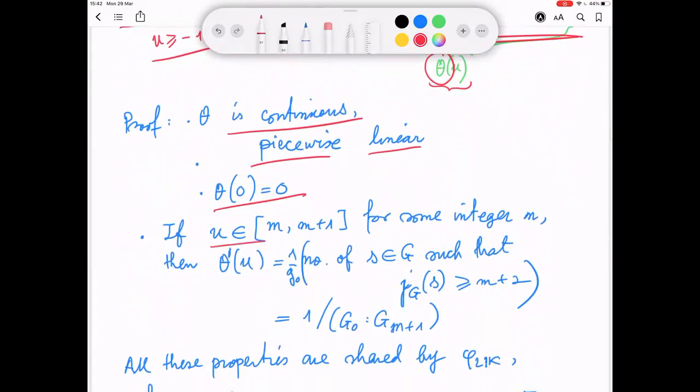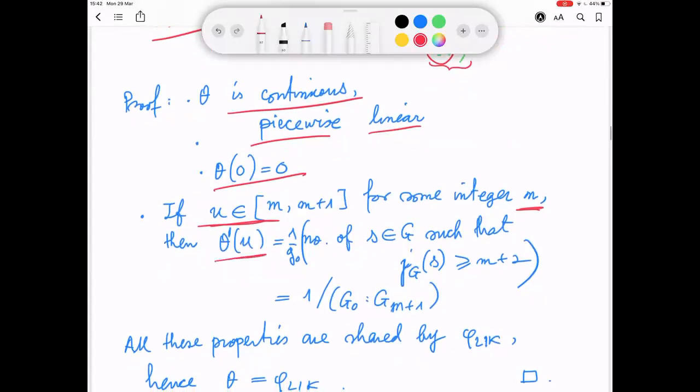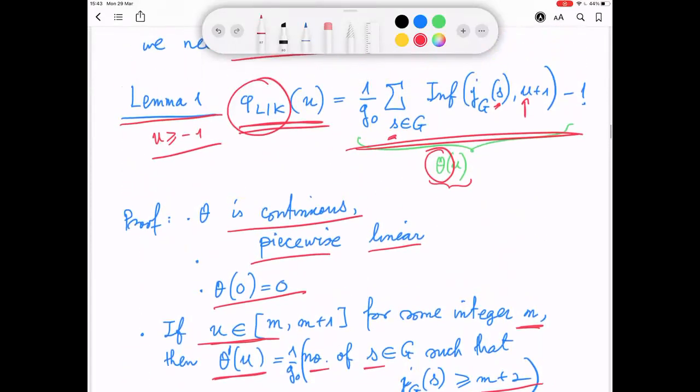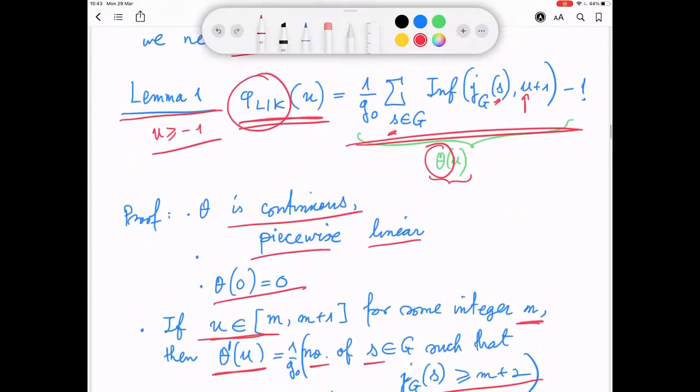And if u is between m and m+1, some integer m, then the derivative of theta at u is 1 over g0 times the number of s such that jg of s is greater than m+2, which is the same thing as saying that it's 1 over the index of m+1 in g0. Okay? So these are some verifications which follow from the explicit expression for the function theta.